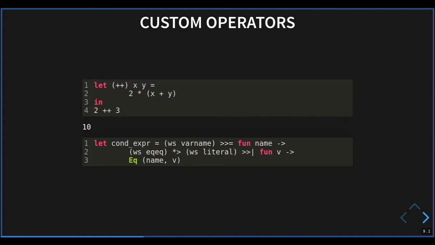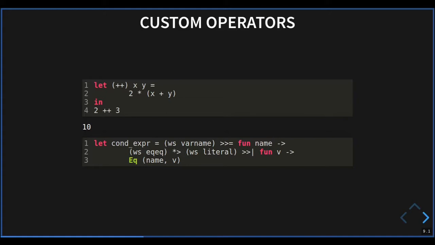The name of the variable that is matched by this parser is passed to this function, and here is another operator from this library. This combines two path sets and returns the value of the right hand side path set, and then we have yet another operator, and the result of this expression is piped via this function.